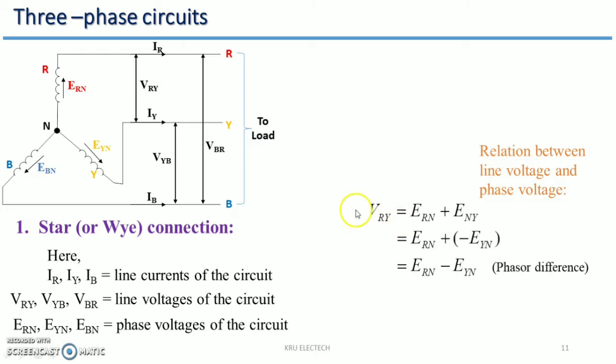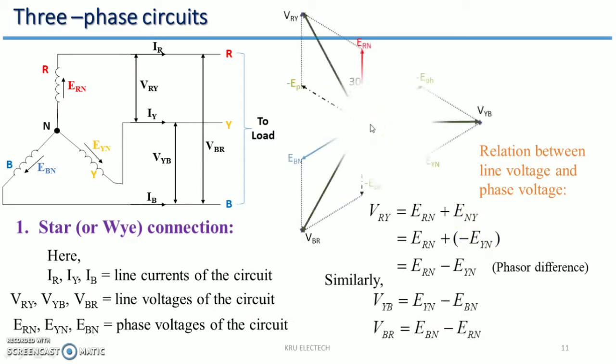First we have to see the phasor diagram. Here is the phase voltage ERN. If you do not want to write the neutral, then you can say this is the R phase voltage.